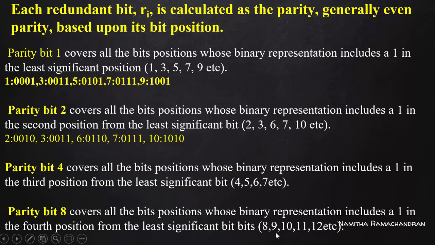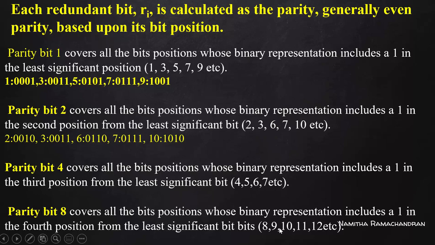And for 9, the binary is 1, 0, 0, 1. That means the fourth bit of this binary is 1. And for 10, the binary is 1010. The fourth bit of this binary is 1.